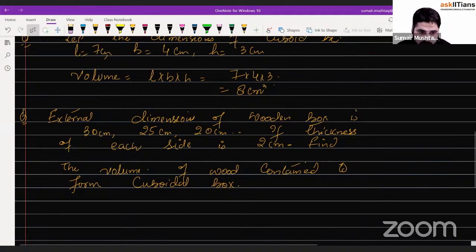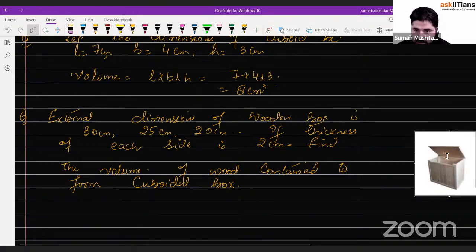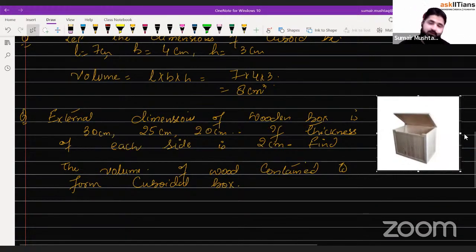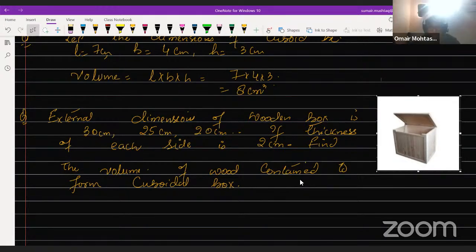Wait a second. See, this is your wooden box. You have to see how much wood is used inside it. Who will explain this to me? Anyone? Sir, I can explain if you want. That's good.